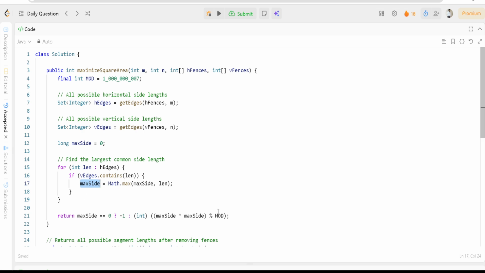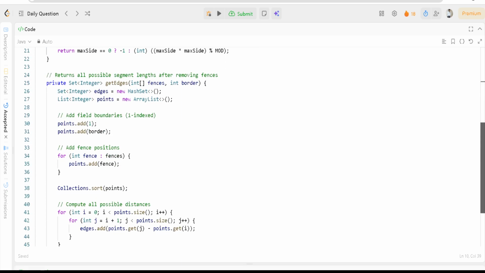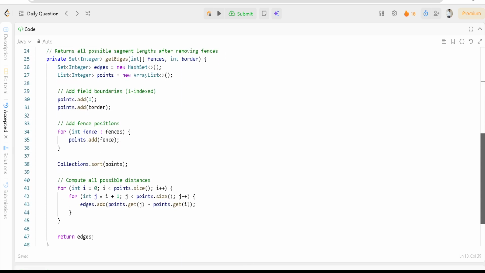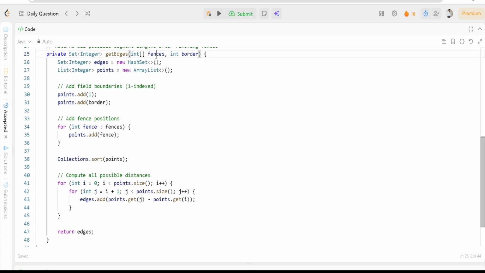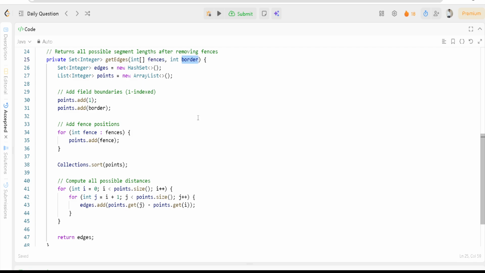Then we calculate similar to what we already know, meaning how we calculate the horizontal edges and vertical edges over the array. We'll create a common utility function where you provide the fences and the border. Basically it returns the possible segment lengths after removing some fences.